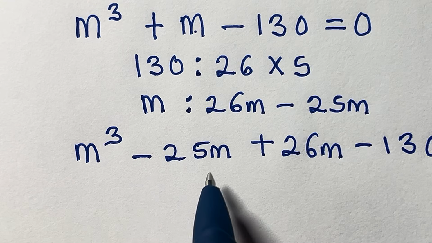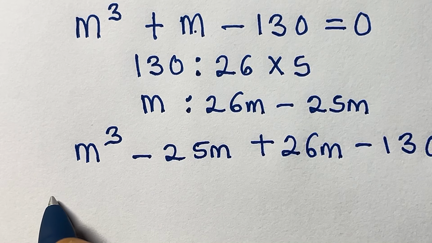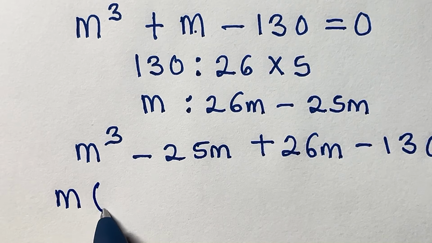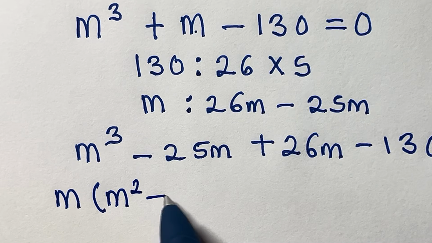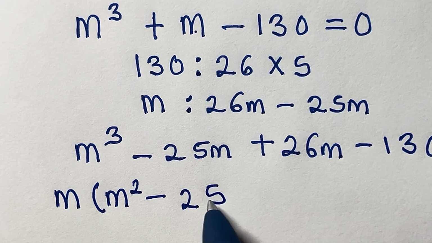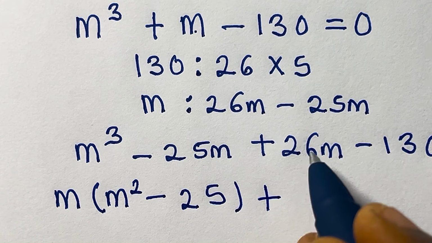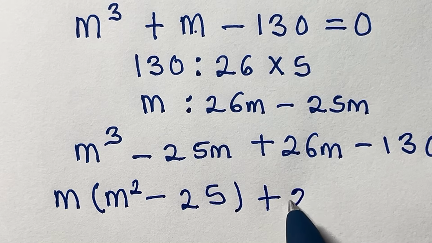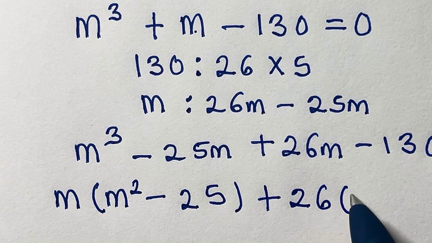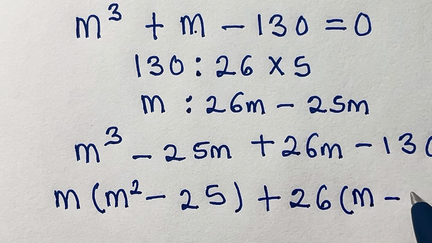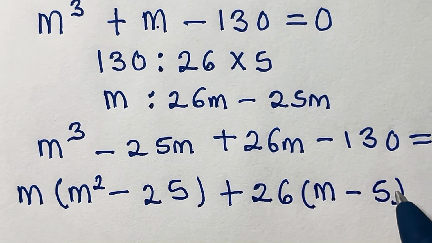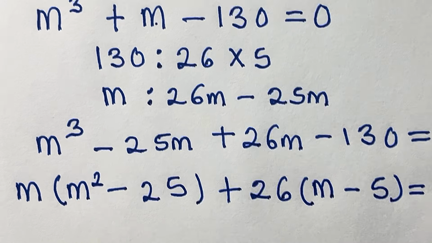So let's factorize the common factor here. We have m multiplied by m squared minus 25, plus, what's the common factor here? That is 26. What we are left with here is m minus 5 equals 0.